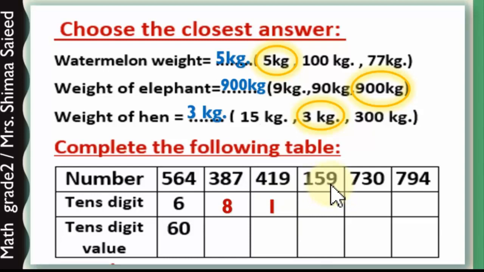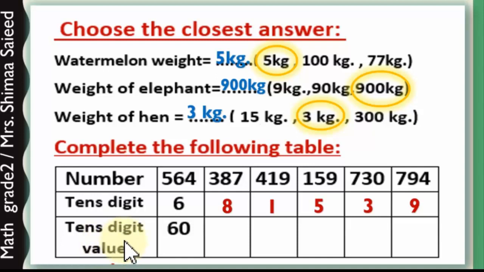159. Which digit in tens place? Excellent, 5 in tens place. 730. Which digit in tens place? Well done, 3 in tens place. 794. Which digit in tens place? 9 in tens place. So can you write the value of the digit in tens place?